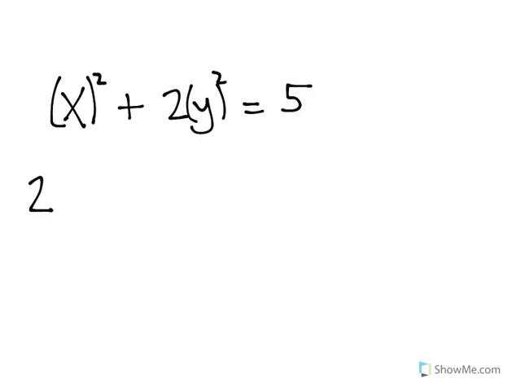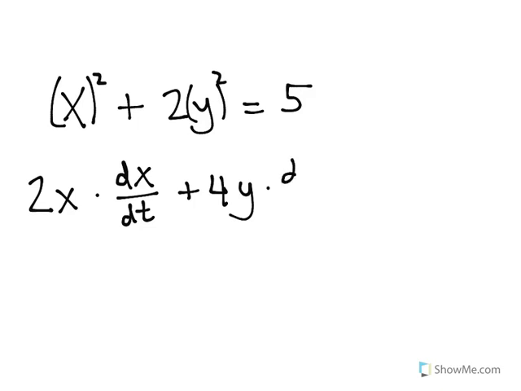It would look like 2x, but not just 2x because it's with respect to t, it's dx/dt, plus 4y times dy/dt, and then equals 0. The derivative of the constant on the other side is always 0.